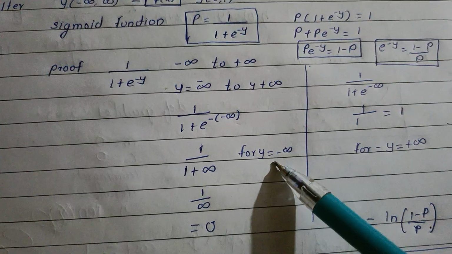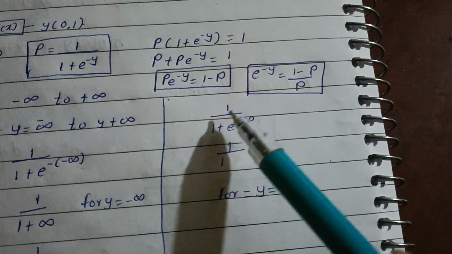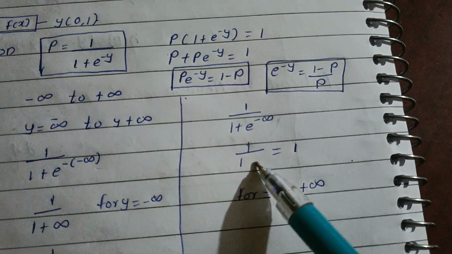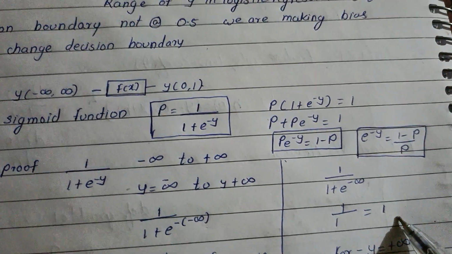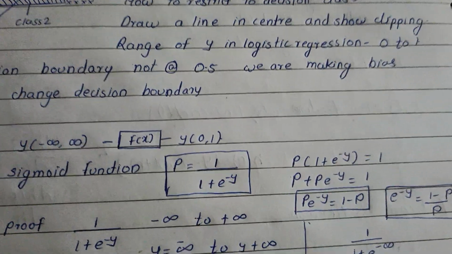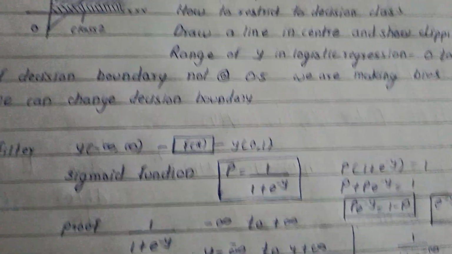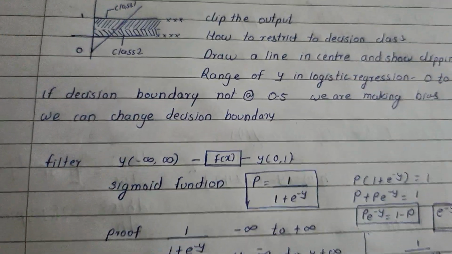Now if y is infinity, we get 1 over 1 plus e to the power minus infinity. e to the power minus infinity is 0, so it is 1 over 1 plus 0, which is 1. Thus our values, from the range minus infinity to plus infinity, are getting converted to 0 and 1. This is the logic of the sigmoid function: to convert the values of y from minus infinity to plus infinity to 0 and 1.